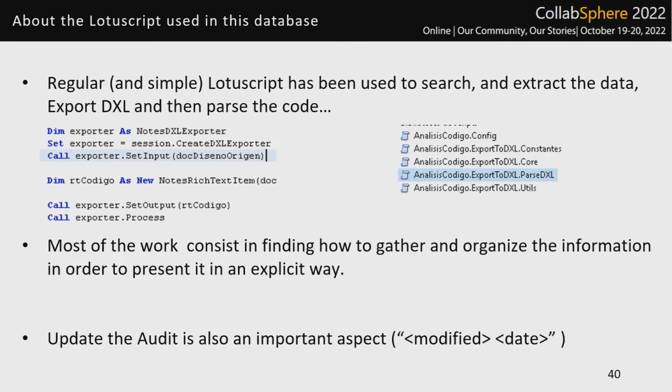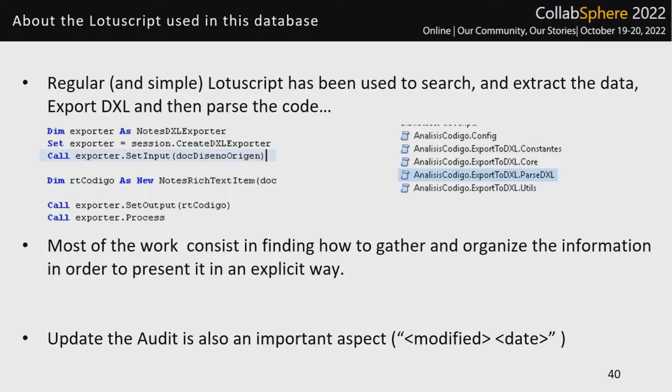A few words about the LotusScript used in this audit database. We use regular and simple LotusScript to export the code in some fields using the create DXL exporter. We use some other database script libraries to analyze the code and to extract the information.